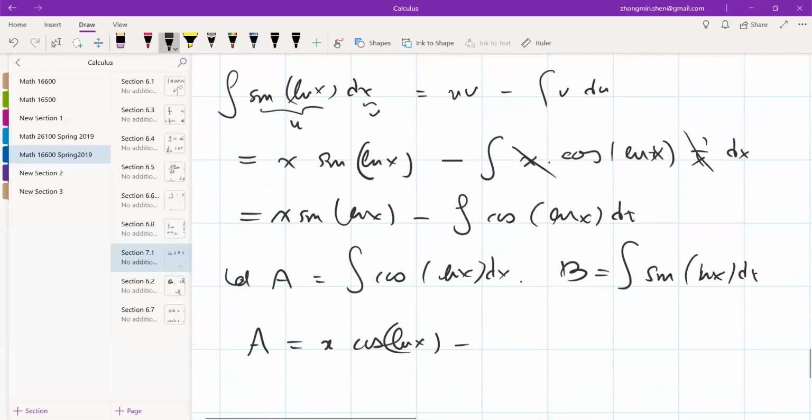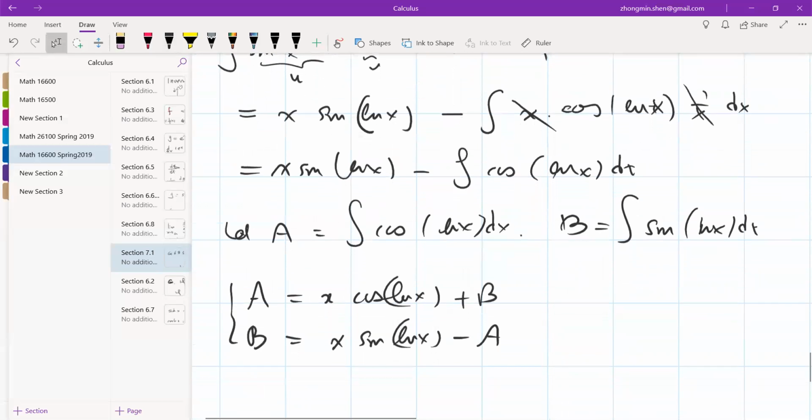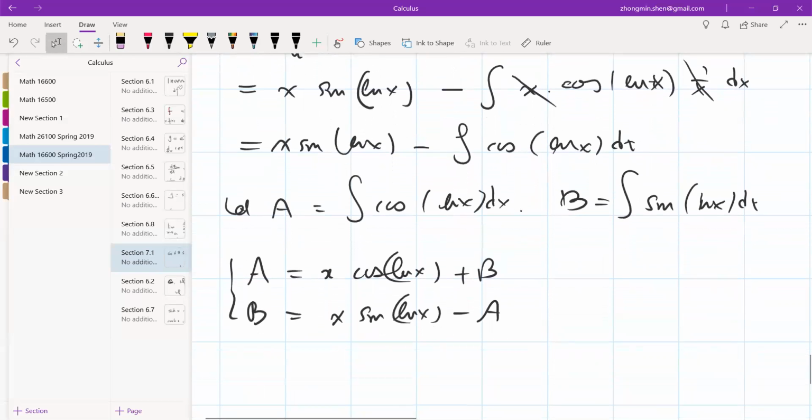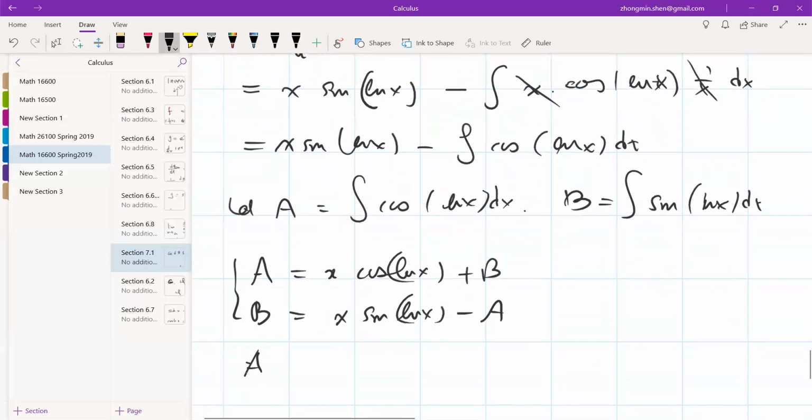And b equals x sine natural log x minus a. And I think you're able to solve it. So clearly, if you want to find a, I add them together. I get half of x.